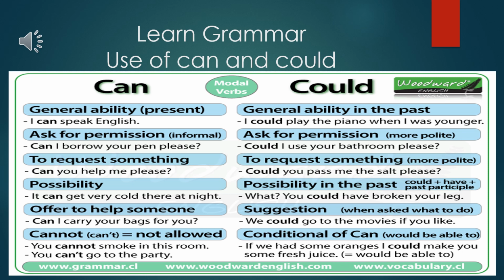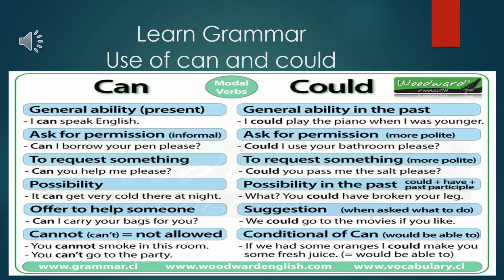So there are a lot of sentences that come to your mind when we talk about this. And the condition for could is, if we had some oranges, I could make you some fresh juice. That means would be able to.